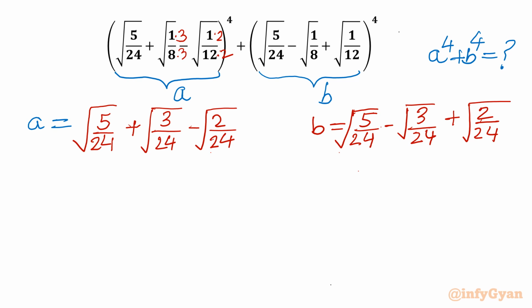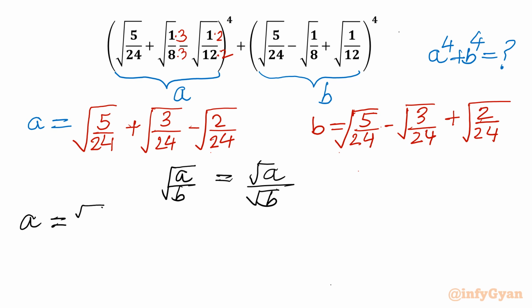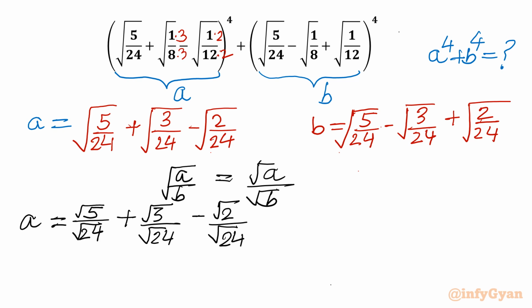But before that, I will write one identity: square root of A over B is equal to square root A over square root B. So we can write A equal to square root 5 over square root 24 plus square root 3 over square root 24 minus square root 2 over square root 24.